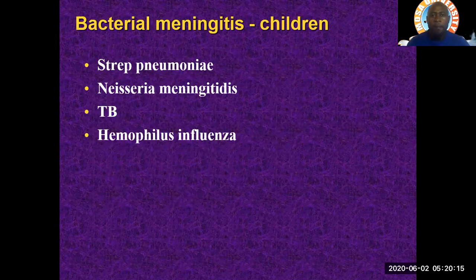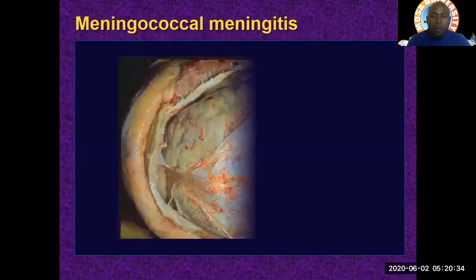So as we also look at bacterial meningitis in children, you will find that there is Streptococcus pneumoniae, that is common, Neisseria meningitidis. Also, there will be TB meningitis, also Haemophilus influenzae.